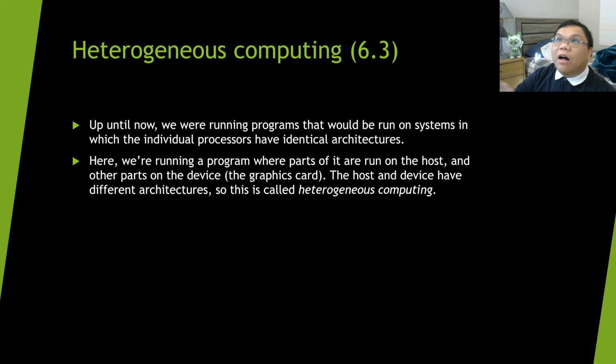Up until now, we have assumed that the architecture on which our code is being run is the same for every process or thread. Now, we are writing code that is to be run on two different architectures. In other words, we're going to write a program where parts of it are going to be run on the CPU and other parts of it are going to be run on the GPU.